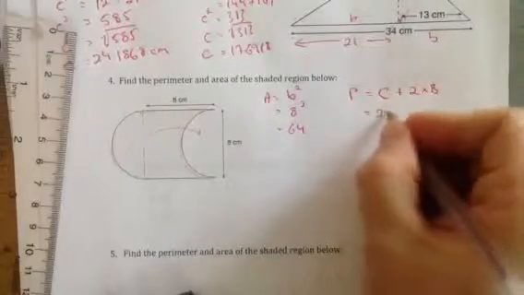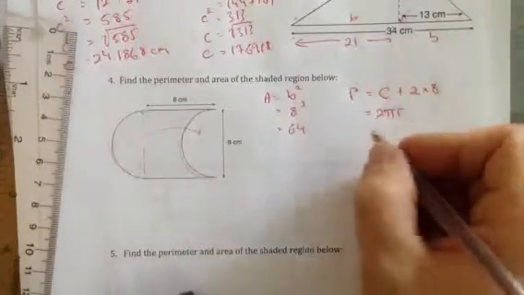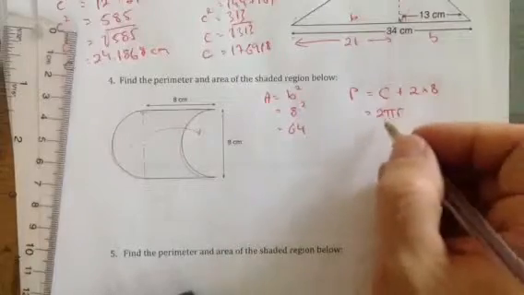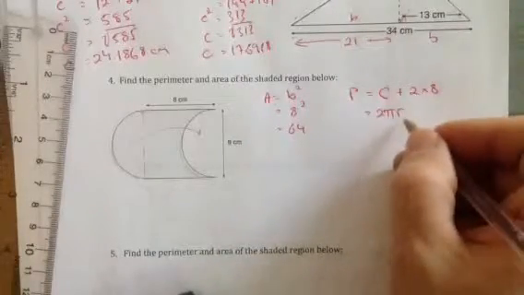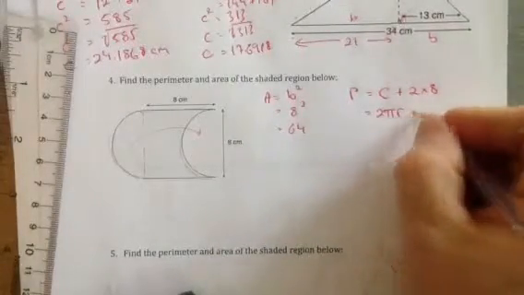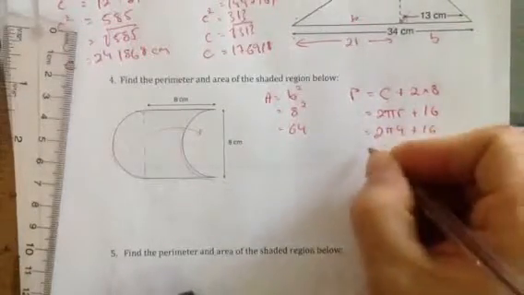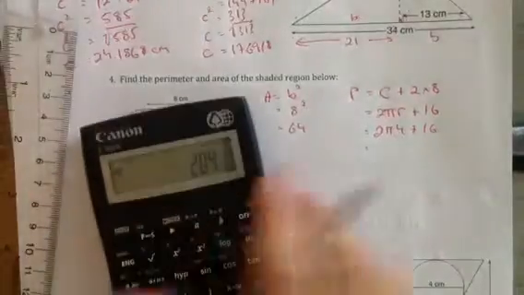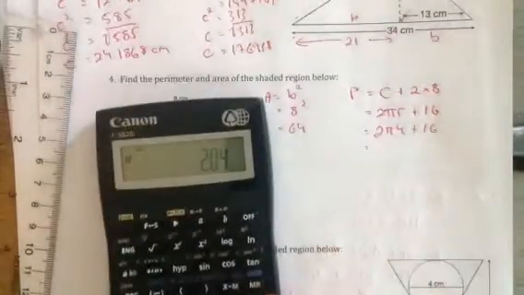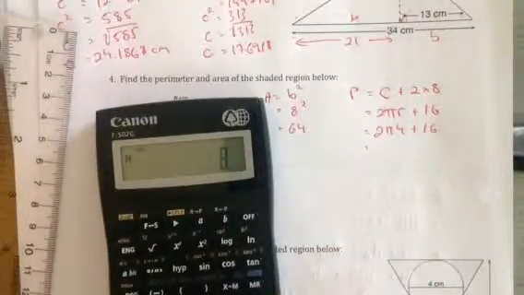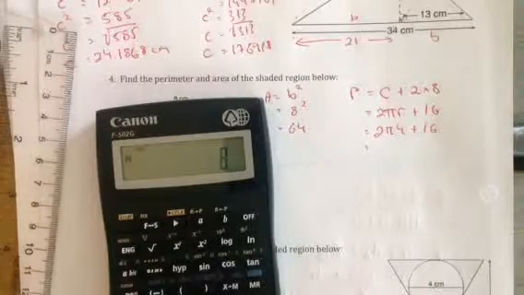Circumference is 2 pi r, or pi times diameter, right? So it's going to be pi times 8, or 2 times pi times 4, same thing. Plus 16, so 2 pi 4 plus 16. We end up with 2 times 4 is 8, times pi, so 8 times pi, and where's my handy dandy pi button?